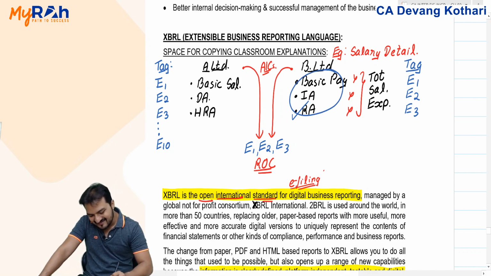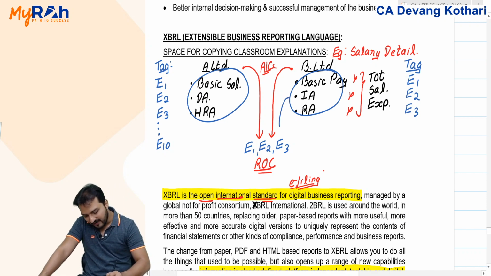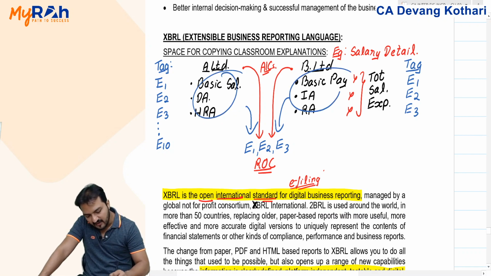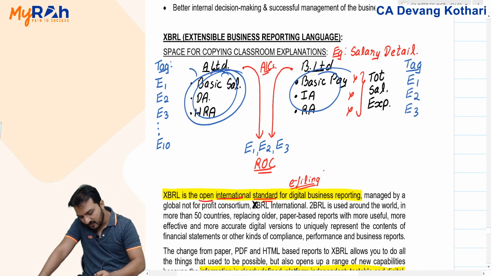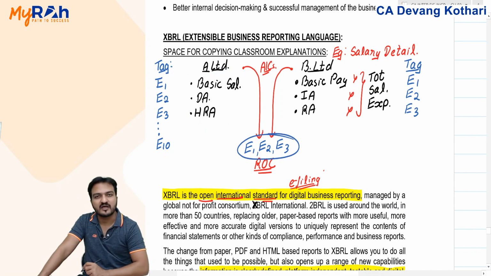So you see that there is a difference in the name of the ledger accounts. But when they do filing with the ROC, they will not file according to these names that they have given. Rather, they have to convert their data into the XBRL standard tag, and what they will file will be in terms of the standard tagging system.